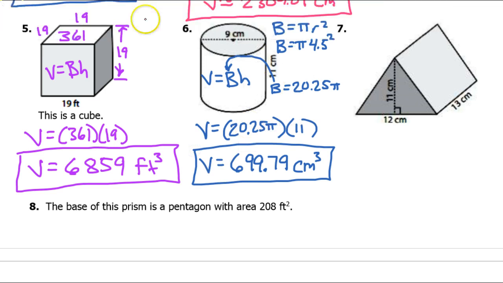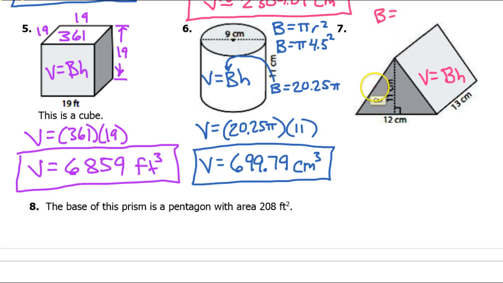All right, problem number 7. Well, the volume is the area of the base times the height. So the base is this gray triangle, all right? The dark gray triangle right here is the base. So I think I will go ahead and calculate what that is.